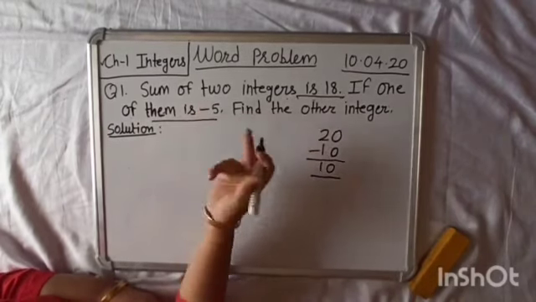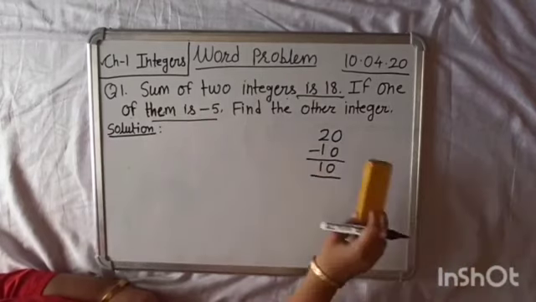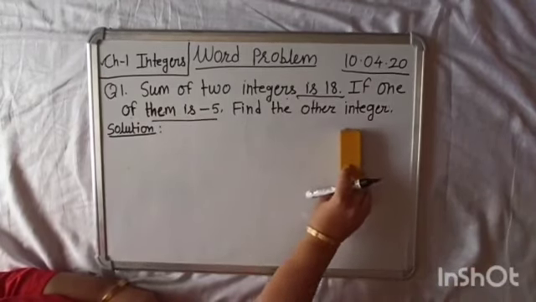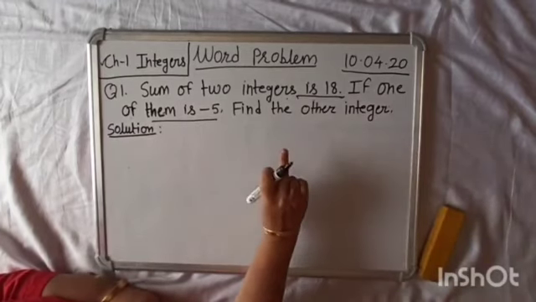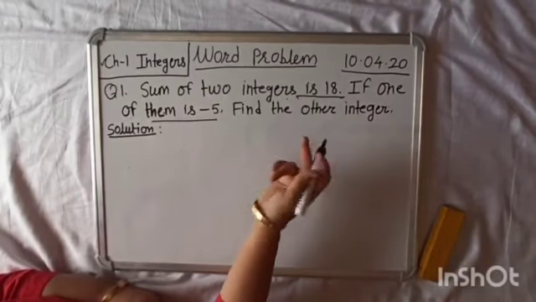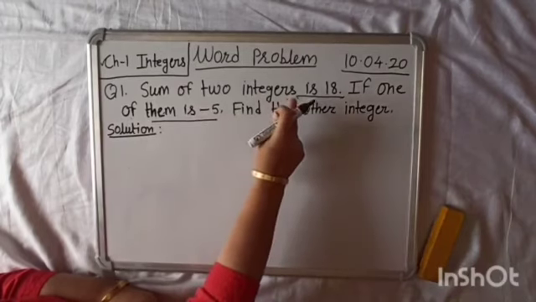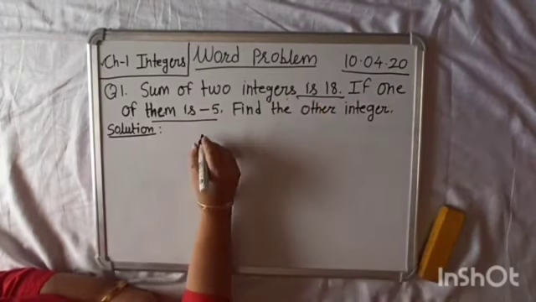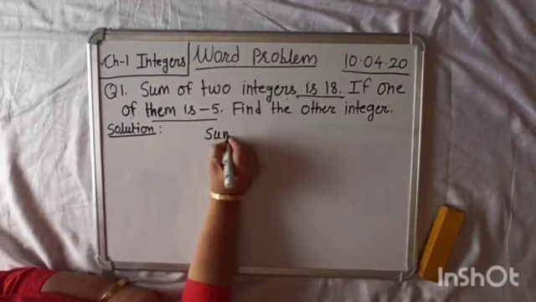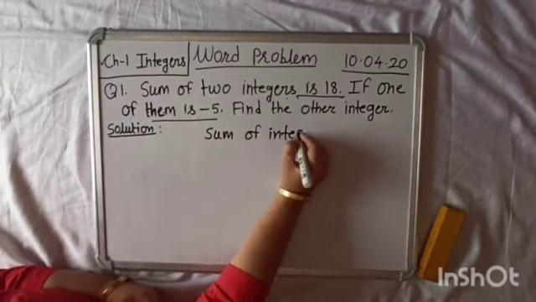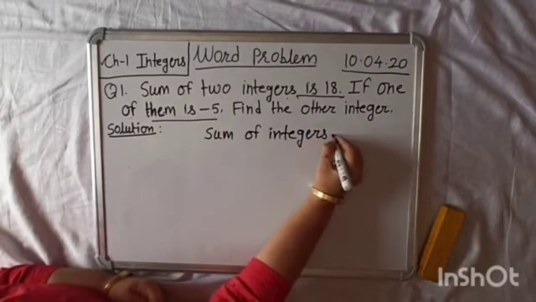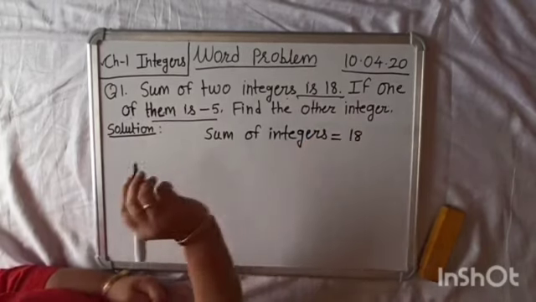Same in the case of integers, the sum of integers is given and one integer is given, then how will you find the other integer? So you will just subtract the first integer from their sum. So first you will write here the sum of integers, that is 18. Clear?